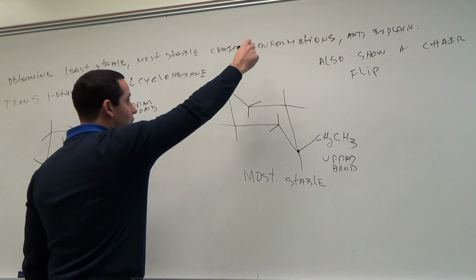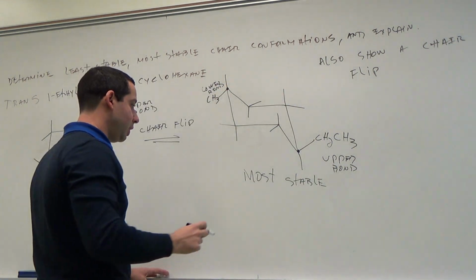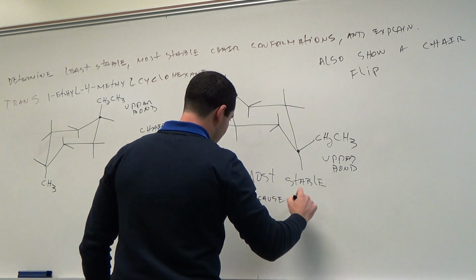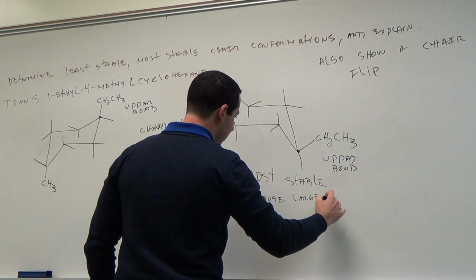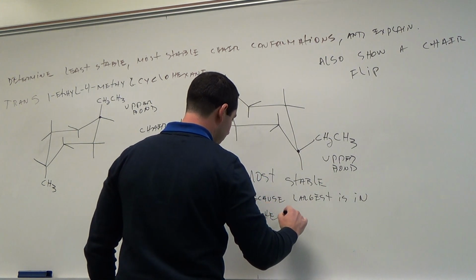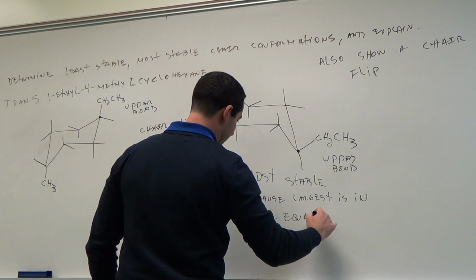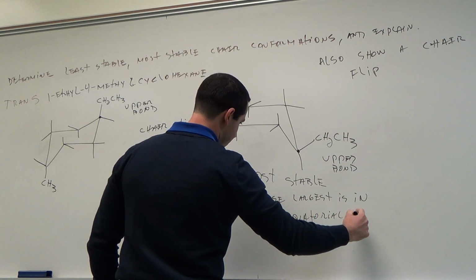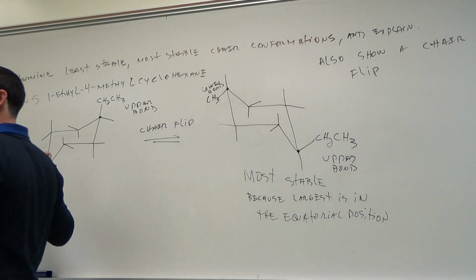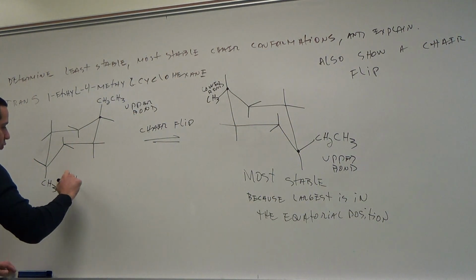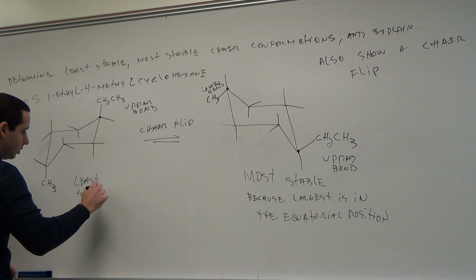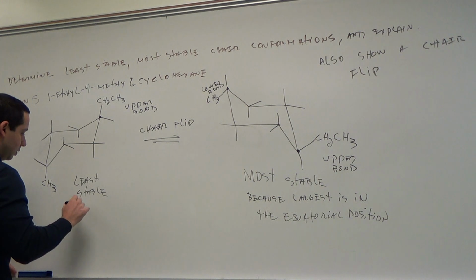And the explanation is, and explain, will be because the largest group is in the equatorial position. And this one here is the least stable, because the largest group is in the axial position.